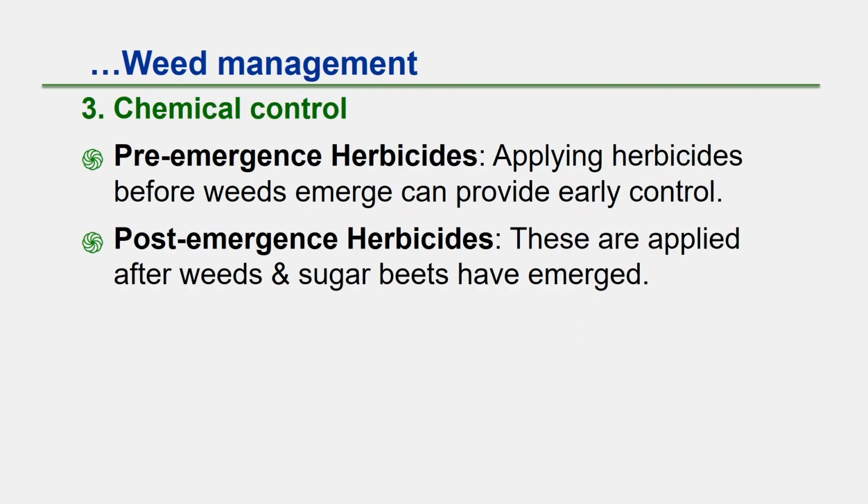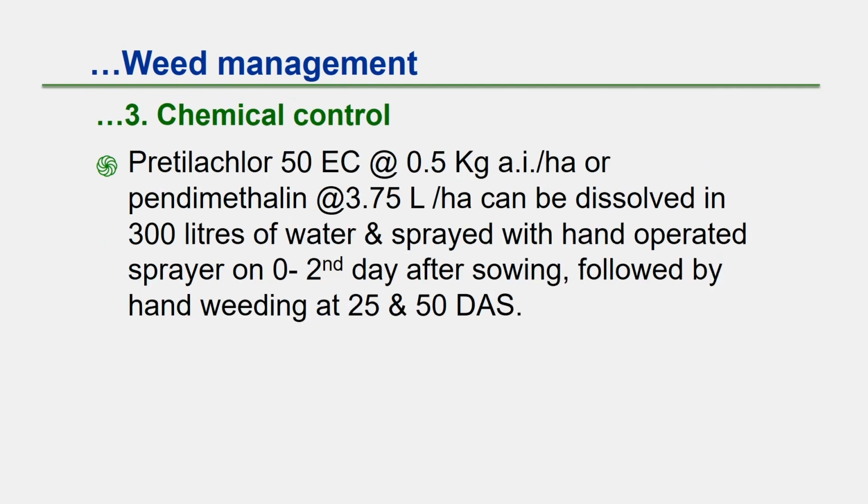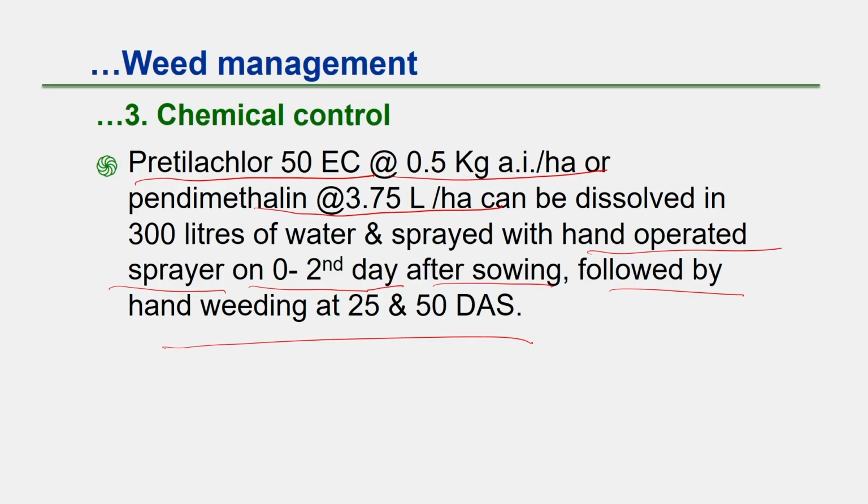And then chemical control, we can apply certain herbicides, particularly pre-emergence herbicides are available. So, you can see pretilachlor 50 EC at the rate of 0.5 kg AI per hectare, or pendimethalin commercial product 3.75 liter per hectare can be dissolved in 300 liters of water and sprayed with a hand operated, maybe knapsack, sprayer on 0 to 2 days after sowing, followed by hand weeding at 25 and 50 days after sowing.